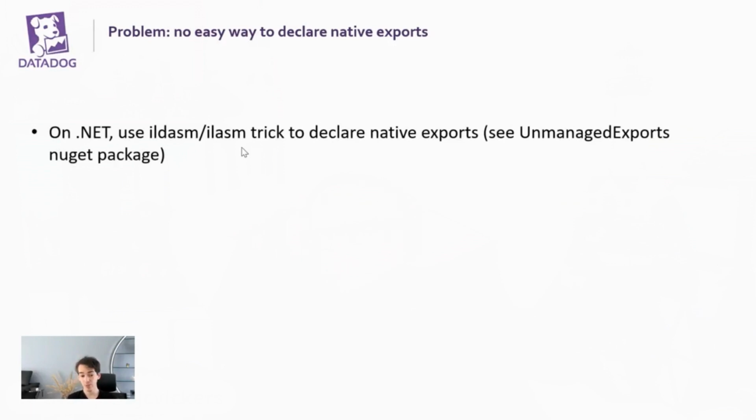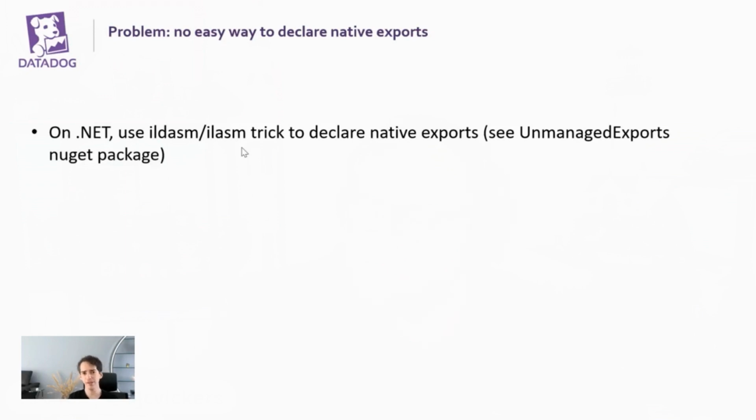But fortunately, they are supported at the IL level. And so on classic .NET, there was a trick, which was to first compile your application, then use ILDASM to decompile your assembly into IL, then add your native exports, and then recompile it using ILASM. And there is, for instance, the UnmanagedExports NuGet package that does exactly that.